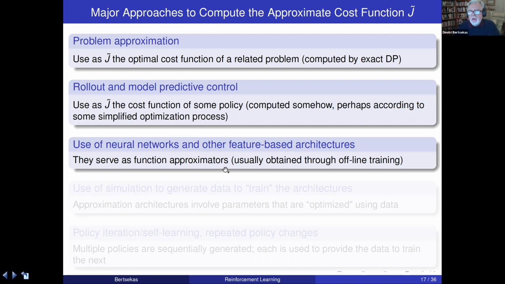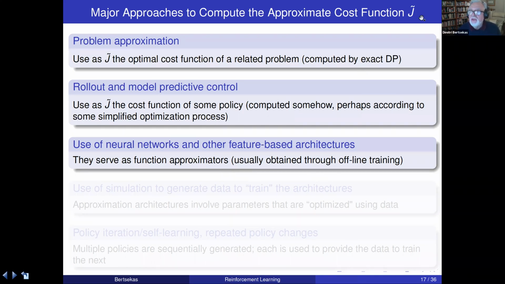In other words, we have a certain mapping about which you can collect some data, and we fit the neural network through some kind of offline training algorithm, regression, whatever, to obtain an approximation of this target function that we're interested in.